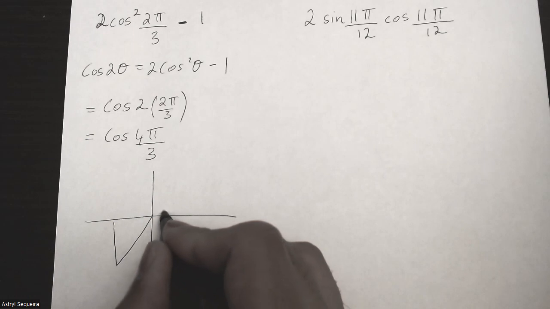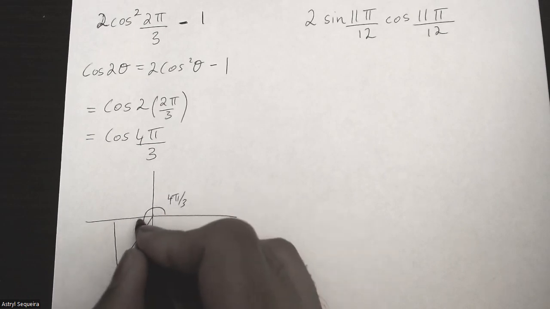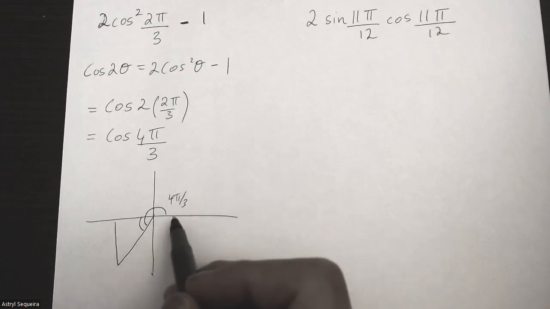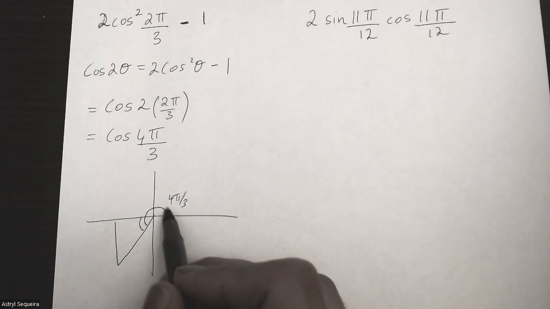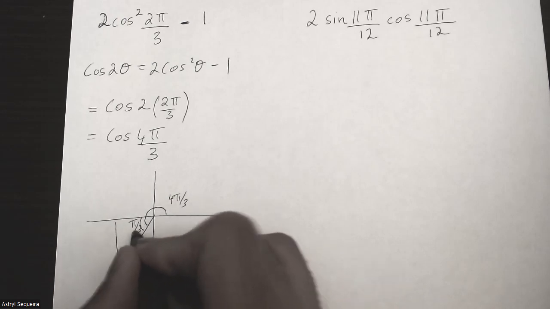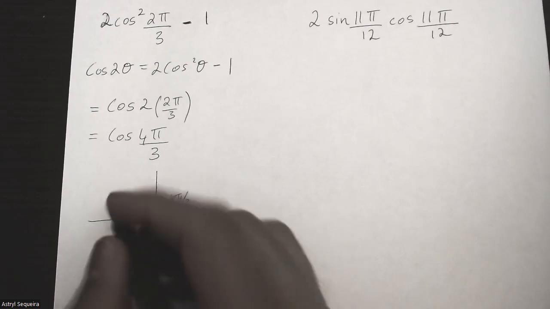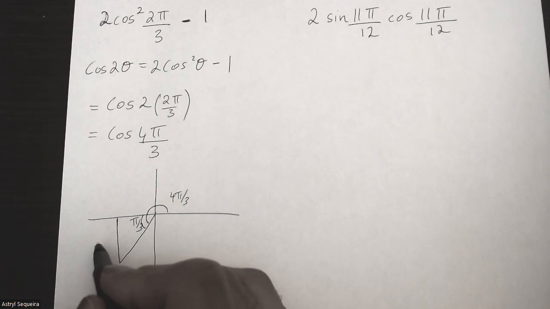I know that the full principal angle over here is 4 pi over 3, which means that the acute angle here is just 4 pi over 3 minus pi, which is just pi over 3. And now I know pi over 3 is one of the angles in the special triangles. Opposite of pi over 3 is root 3.